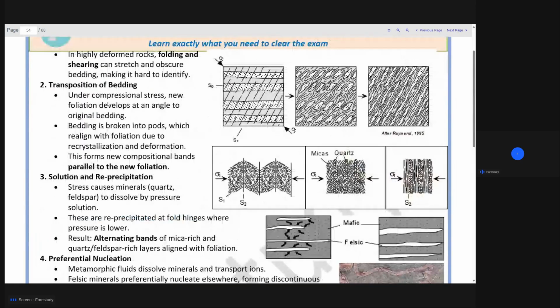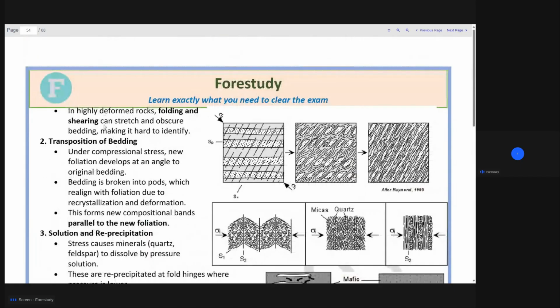So, in highly deformed rocks, folding and shearing can stretch and obscure bedding. Say in a highly deformed rock which has faced multiple episodes of stress from different directions, we can still try to identify the bedding planes. Here you can see there were bedding planes like this. Then stress came and formed it like this.